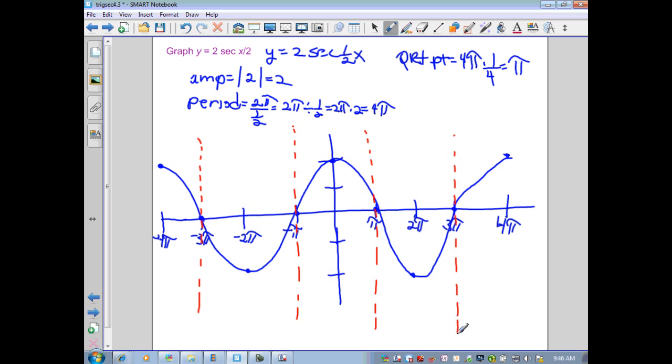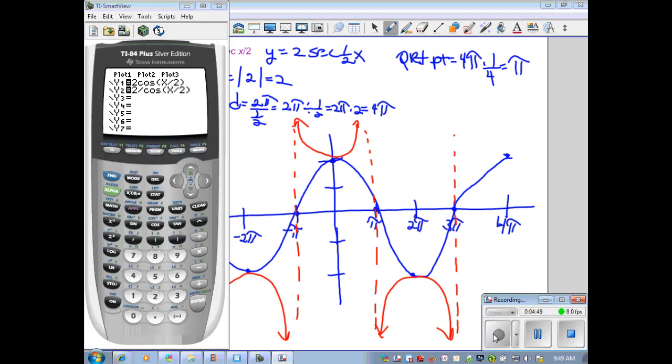Then, at the maximum and minimum of each of those curves, I will generate a U-shaped curve. And those red graphs represent y equals 2 secant 1/2 x.